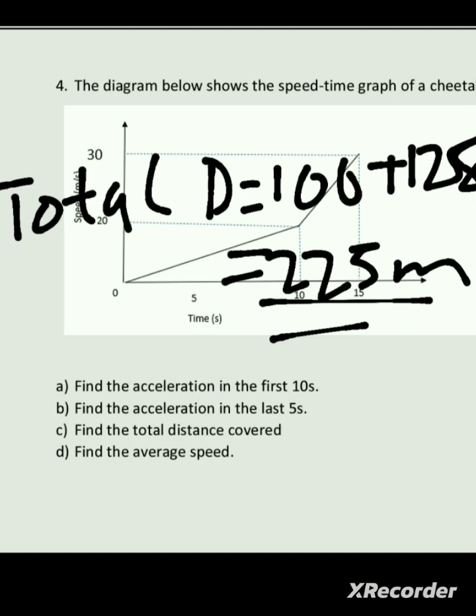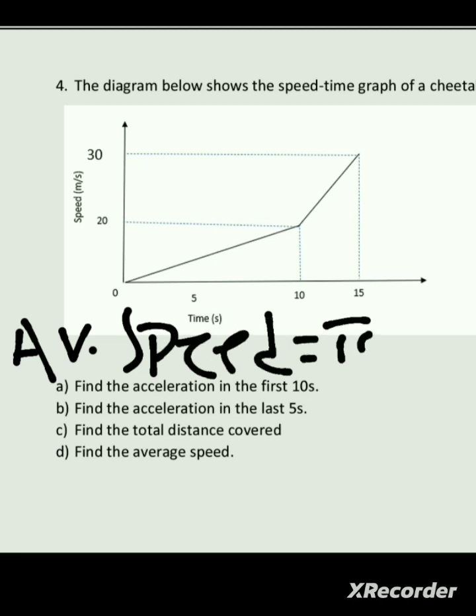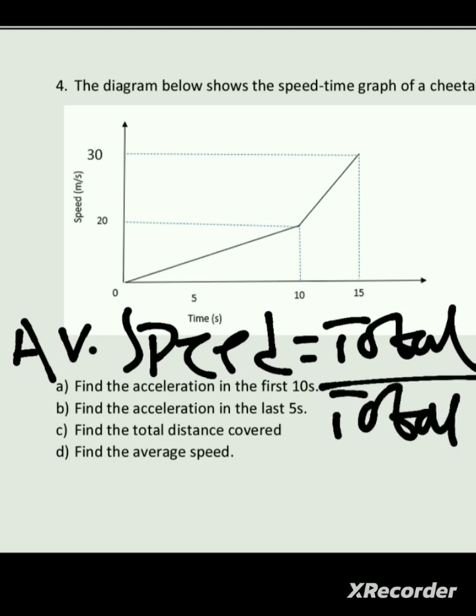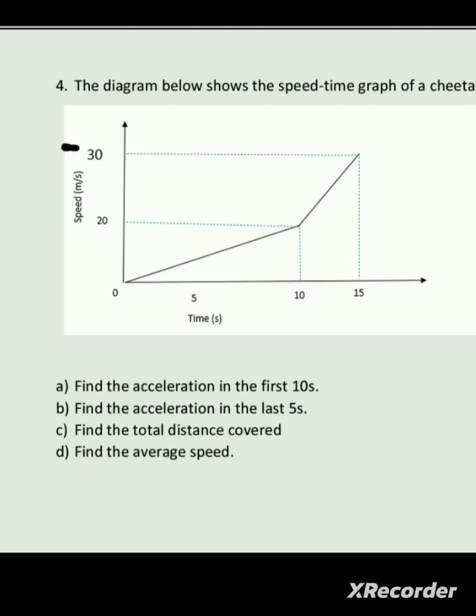Finally, find average speed. Average speed is equal to total distance over total time. Total distance, we know it's 225, right? Total time is 15. So next we divide 225 by 15. Let's just do it from here. We have 225, we have 15.